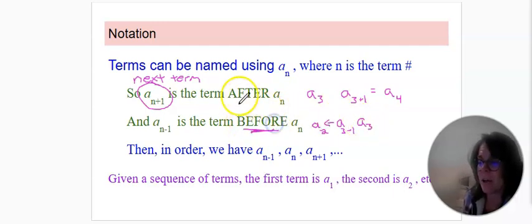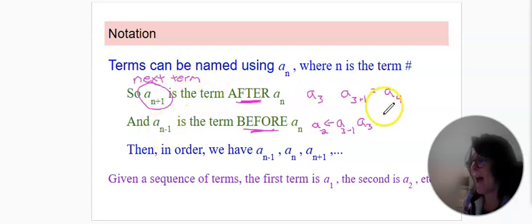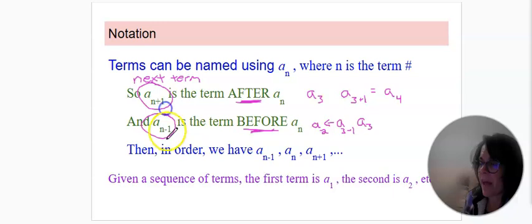So you're just memorizing that the n plus 1 in the subscript is the one after a sub n, and the one with n minus 1 in the subscript is the term before a sub n. But if you think about it, it makes sense.